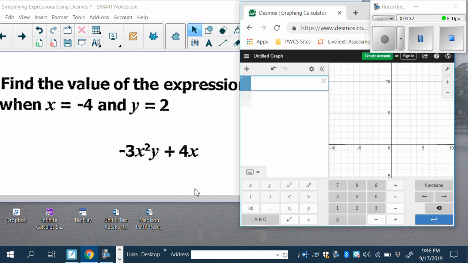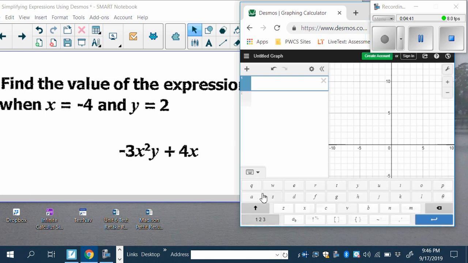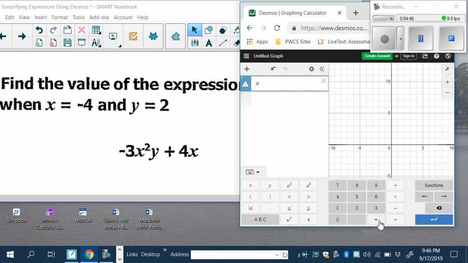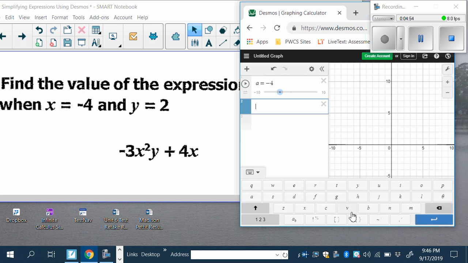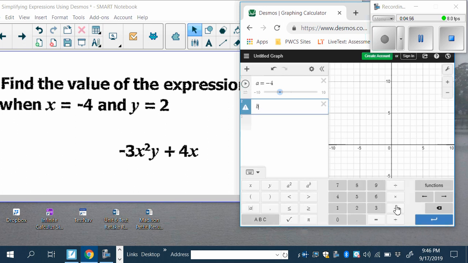What I first need to do is tell Desmos what values I want for a and b. So I'm going to say a is equal to -4, and then b is equal to 2.